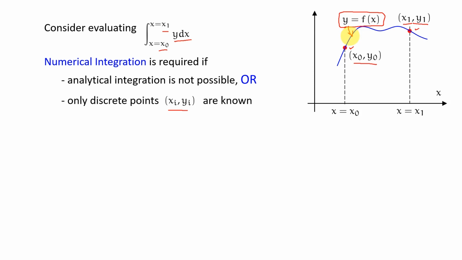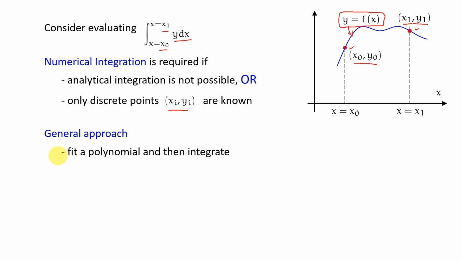Now we know that for many functions the analytical integrations are absolutely difficult, and sometimes it is just not possible. When I say it's not possible, maybe it is not possible for me, I cannot integrate that particular function, or maybe that function is such that nobody can have an analytical integration. Either way we have to go for numerical estimation of the integration, and when we do numerical estimation we only do a definite integral, not an indefinite integral.